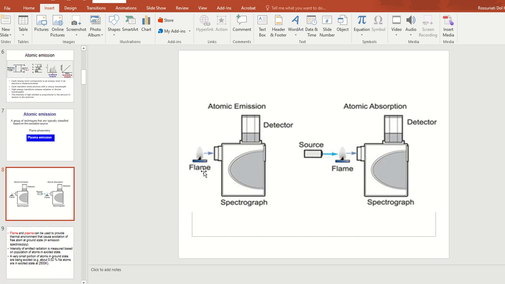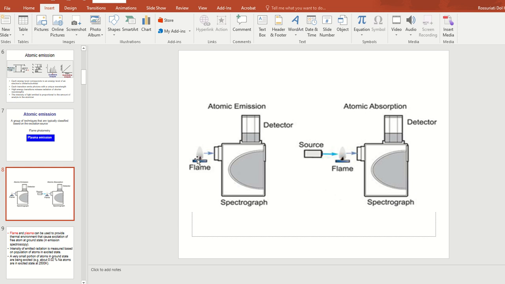If you look at this slide, you know already that the flame has different functions in atomic emission and atomic absorption. For example, in atomic emission, the flame is not only an excitation source.